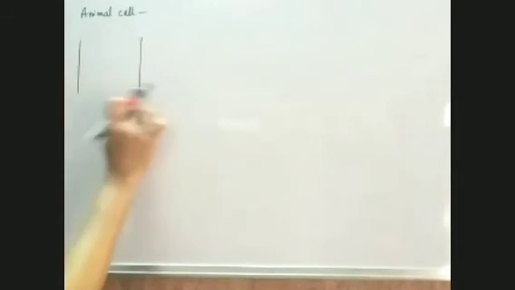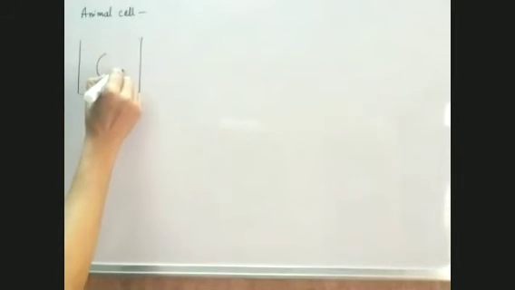Now we have taken this animal cell in a container. This is a container into which we have taken the animal cell, which has got a certain fluid in it, and that fluid also has some concentration.